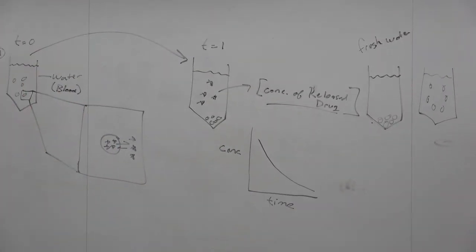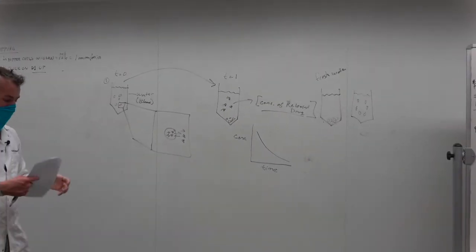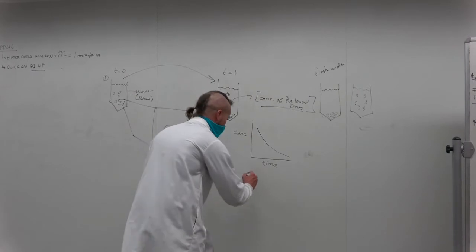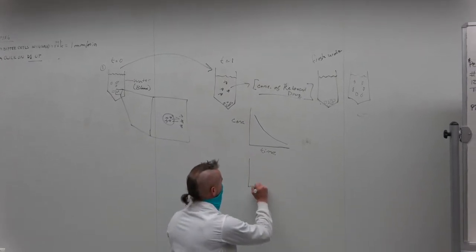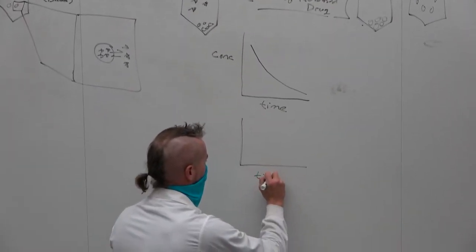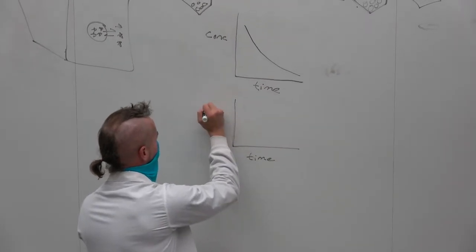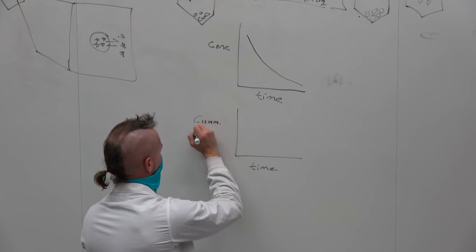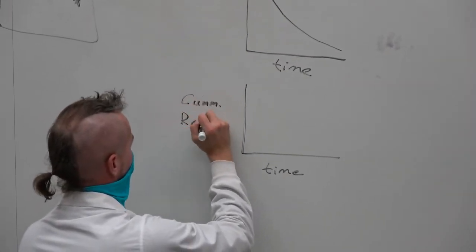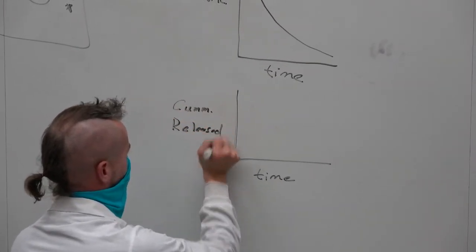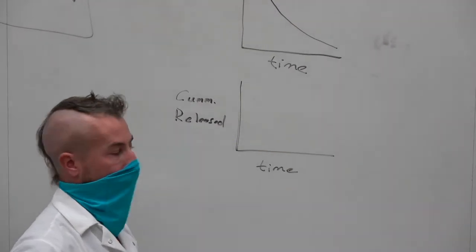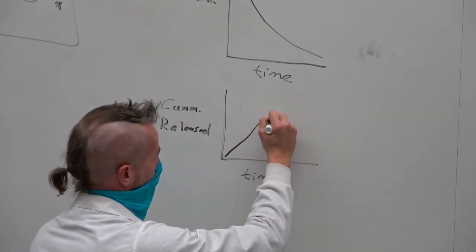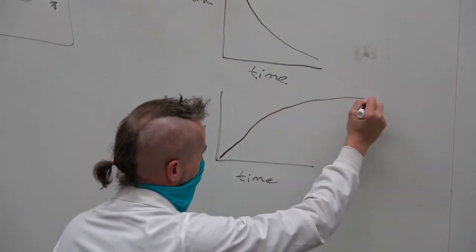Okay? Now, a more standard way that people show this is still with time, but they will plot the cumulative amount of drug released. So this will start high, it'll increase pretty quickly, and then it'll kind of plateau.